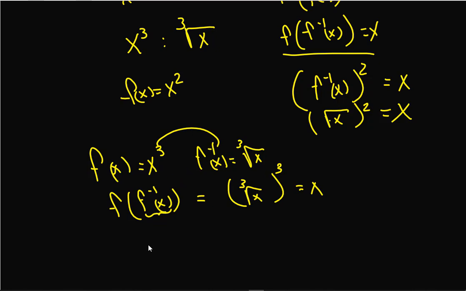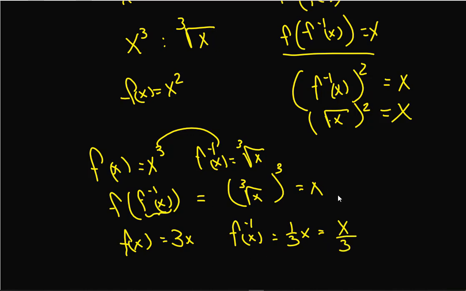Okay, now how about if you have something like f of x equals 3x, what's the inverse going to be? It turns out that the inverse is going to be 1/3 x, or x over 3.